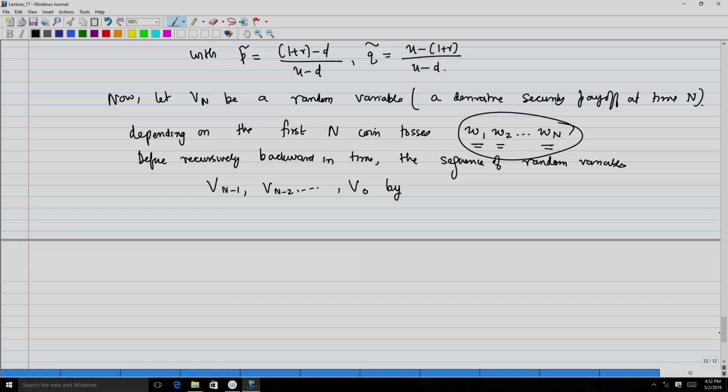So, what you do is the following: we will look at 2 time points. I will just explain this on the side. We will look at 2 time points n and n plus 1.